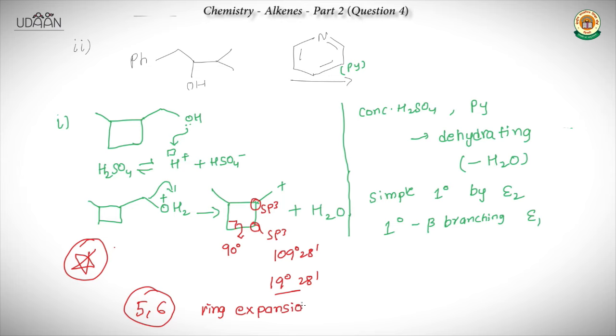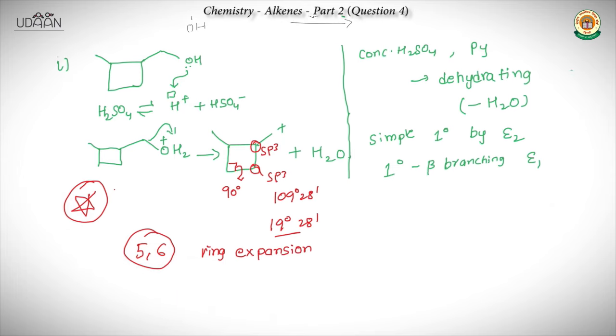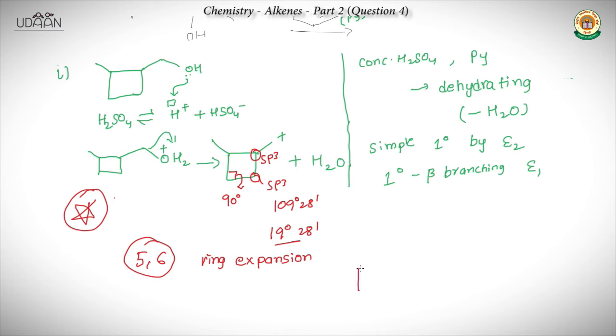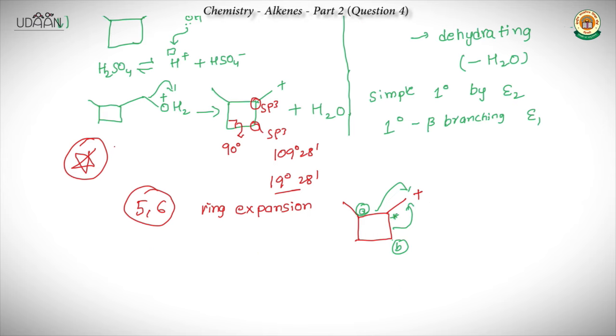Now this can undergo ring expansion either by this carbon, say A, or this carbon, say B. In which pathway it will undergo ring expansion, that's what we have to check now.